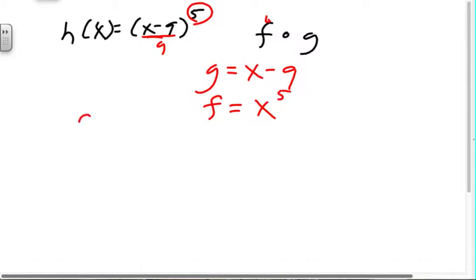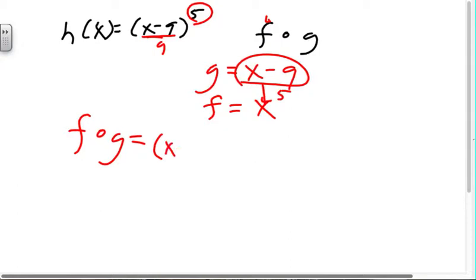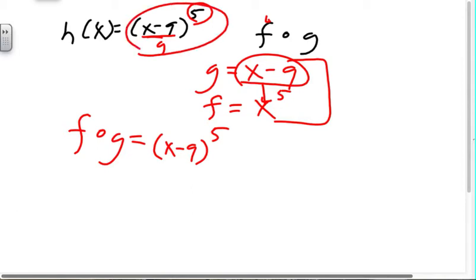Let's take a look at what f o g looks like on this one. So I'm going to have my x here. And remember, I'm going to take this and put it in. So it's going to be x minus 9 to the 5th power. So these are the two functions you need that are composited into it. And this becomes real important in calculus when you're going to have to break these things out.